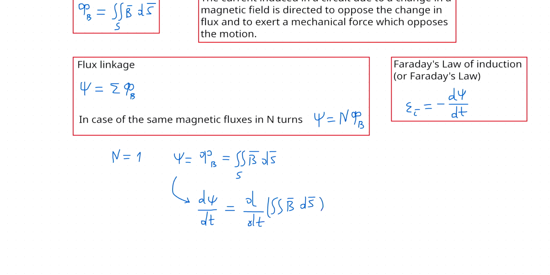But I think it is necessary to replace this derivative with a partial derivative, because vector B may depend on coordinates. So it is necessary to use a partial derivative in this case.